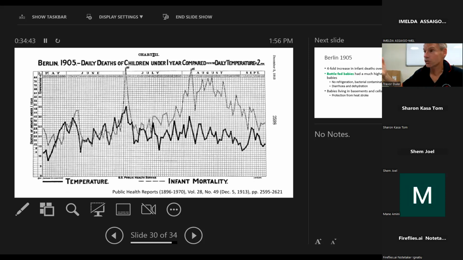And in Berlin at the time, there were a lot of bottle-fed babies, right? And parents were keeping the milk. They'd have milk that was like cow's milk. There wasn't formula in those days. They had cow's milk, and they didn't have refrigerators. So the milk would become curdled and contaminated with infections, like gram-negative infection.